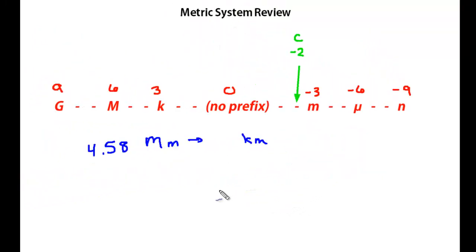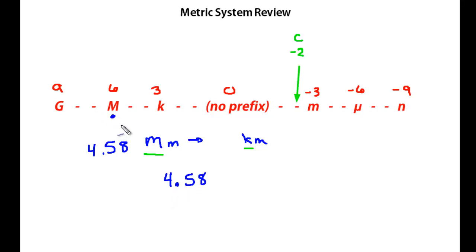Generally, though, what we have to do is transfer from one prefix, in this case the mega, to another prefix, in this case the kilo. And the easiest way to do that is to use this line with the dashes in them and just move decimal places over. So I'm going to go ahead and rewrite the 4.58. I say, oh, my decimal place is right here, so it's right at the mega.